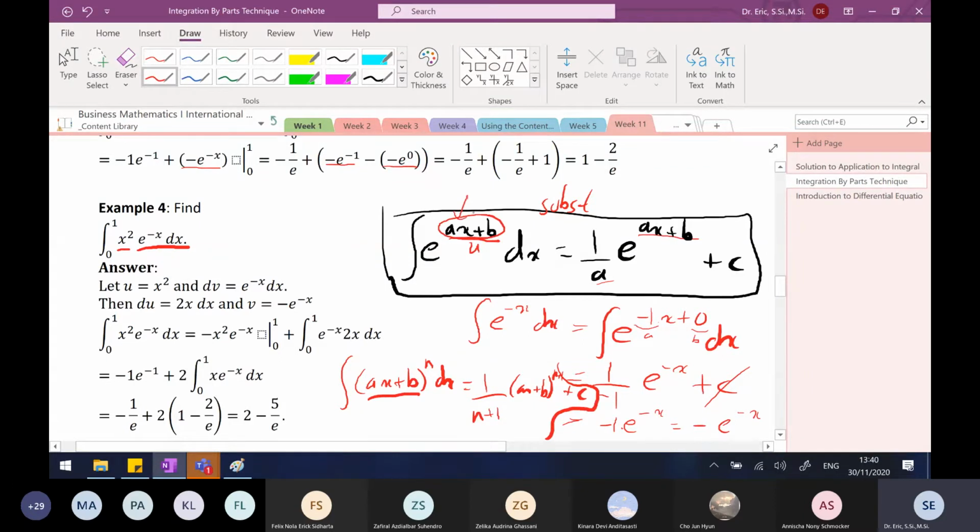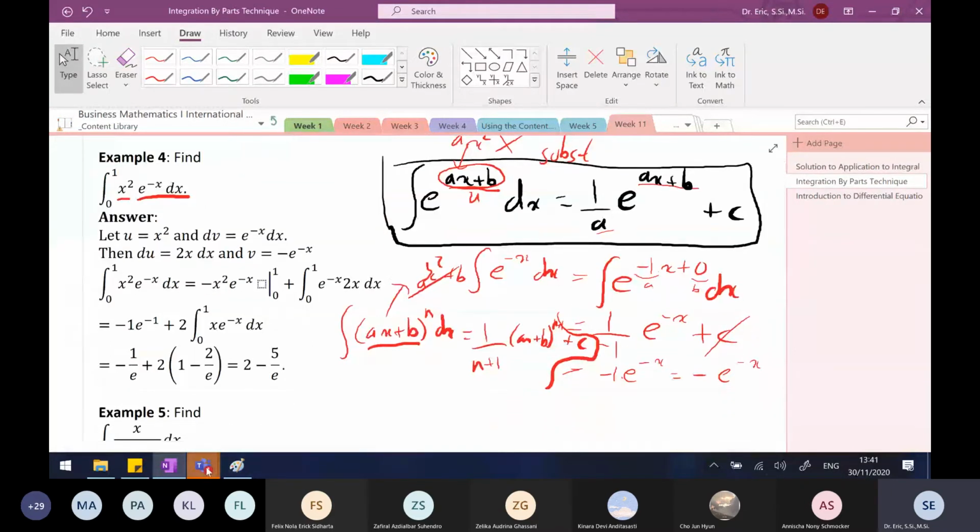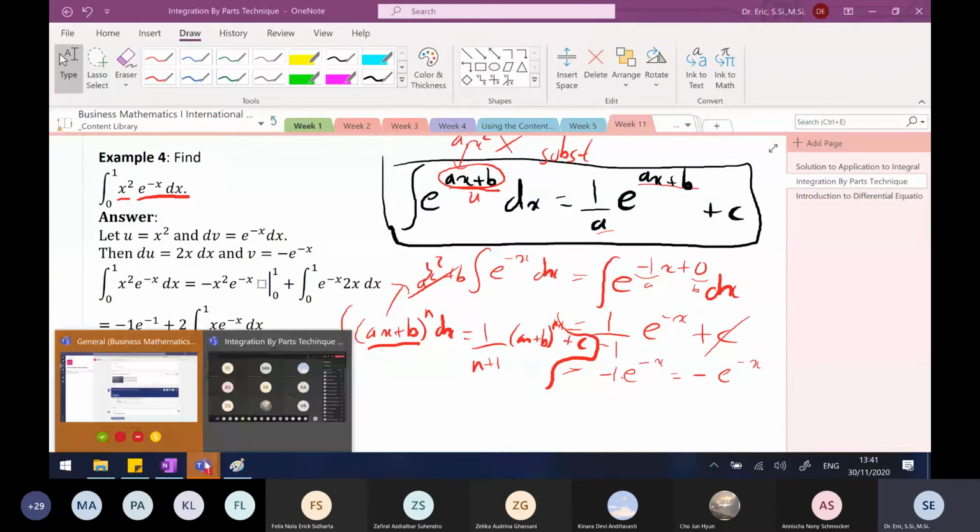If this is changed to ax squared, it doesn't work. If this is changed to ax squared plus b, it doesn't work also. This is just a special formula. I just give it to you because this is special and you are special.